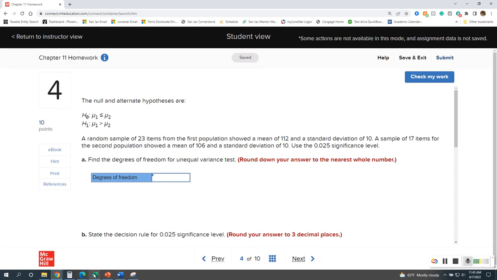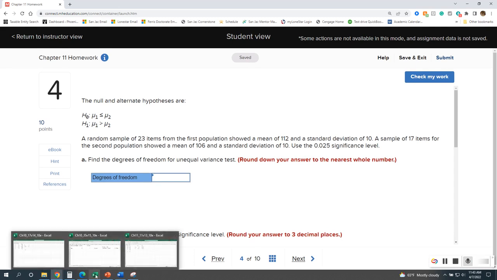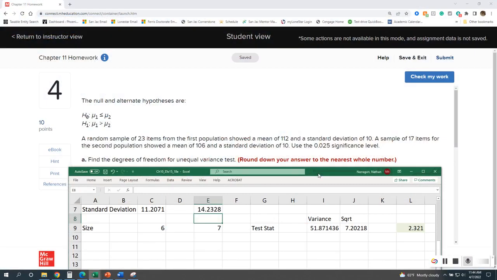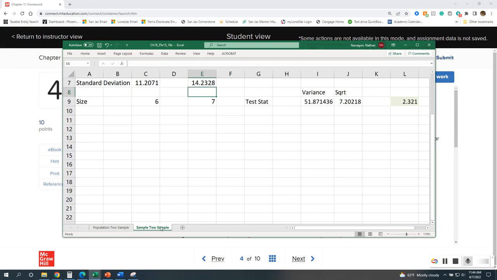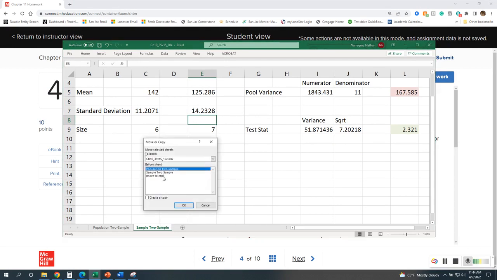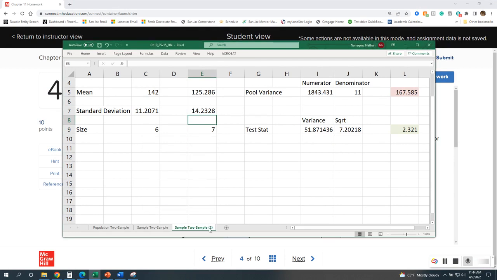So I want to go ahead and make sure I separate these in my Excel. If you ever want to copy most of the formulas and information, always hit move or copy. We're going to create a copy and move to the end.